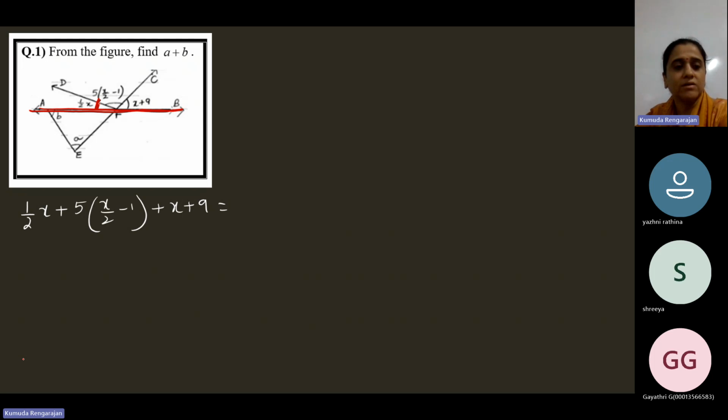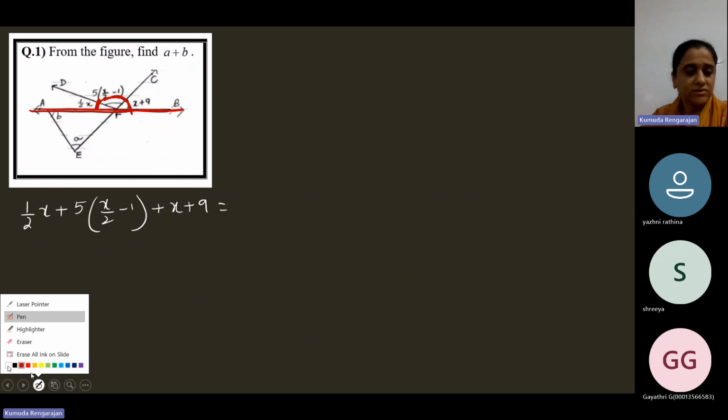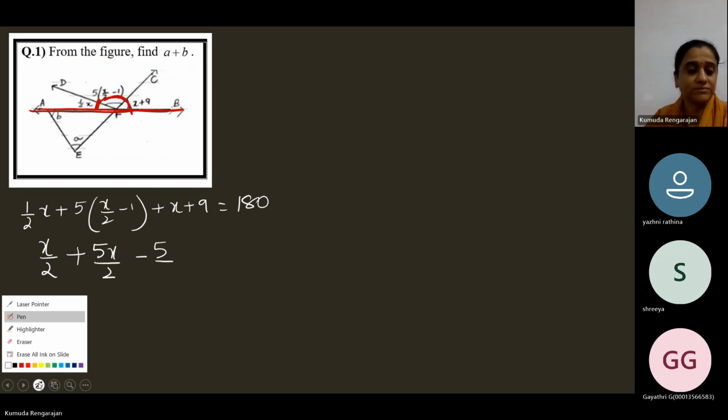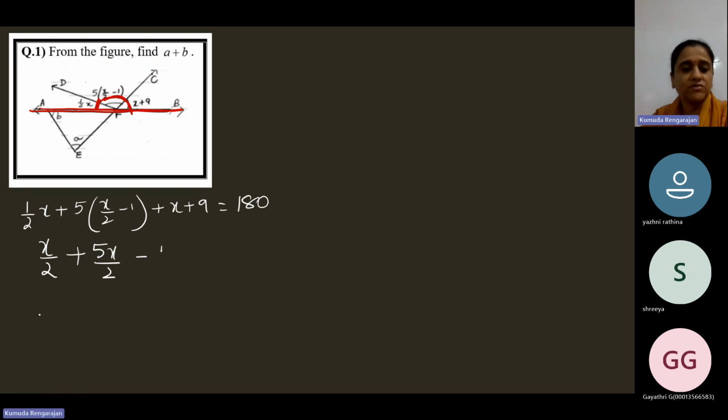Half x plus this angle is equal to 180. Now half x is nothing but x by 2, correct? Plus, open the bracket. So it will be 5x by 2 minus 5 by 2. Sorry, minus 5. Plus x plus 9 is equal to 180.